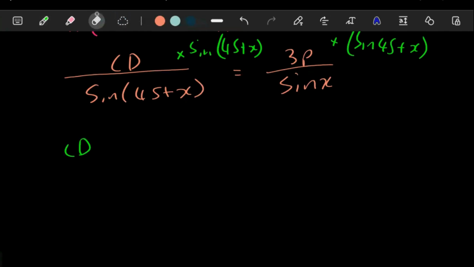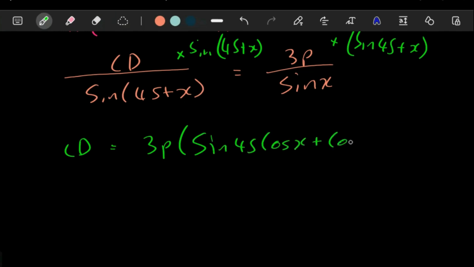And then this is going to be equal to, we're going to need to obviously expand this using compound angles. So expanding this is going to be sine 45 cos X plus cos 45 sine X.